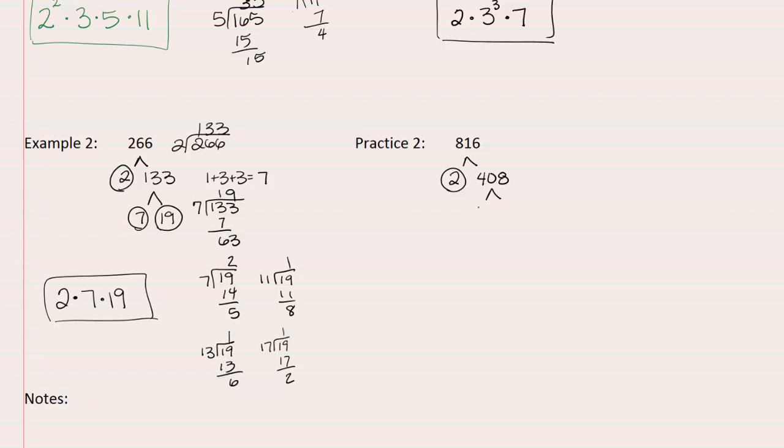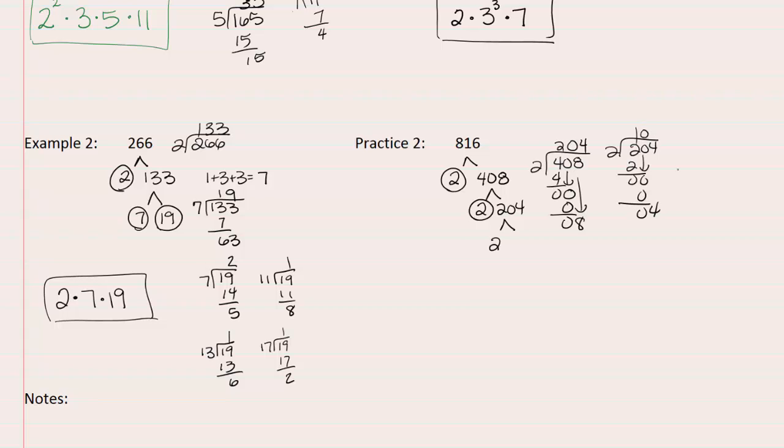Divide 408 by 2, I would get 204, which still divides by 2. 102 is still divisible by 2.